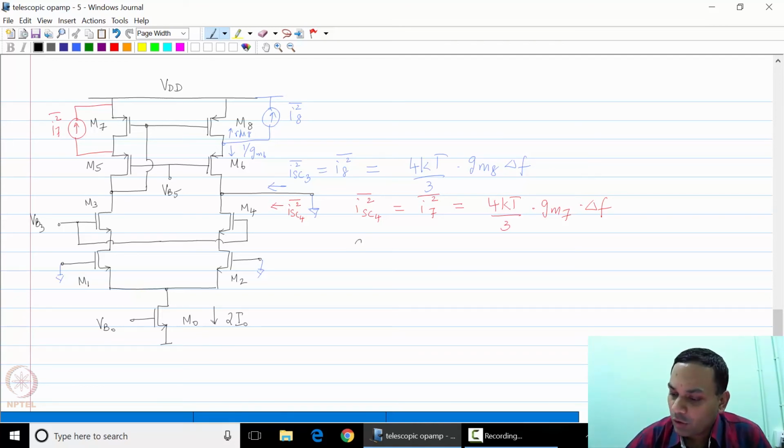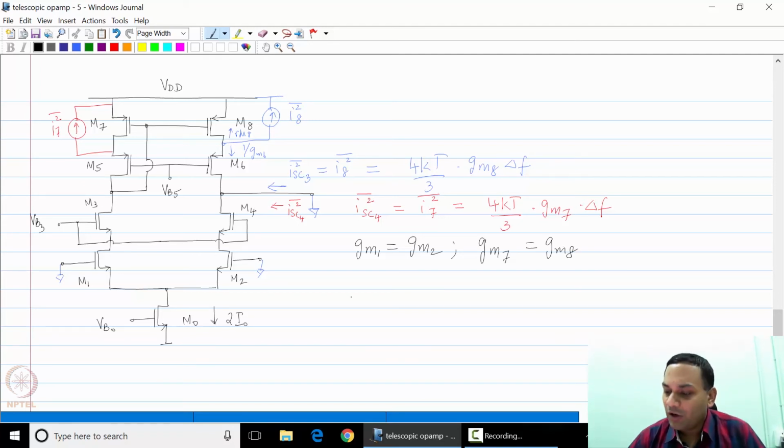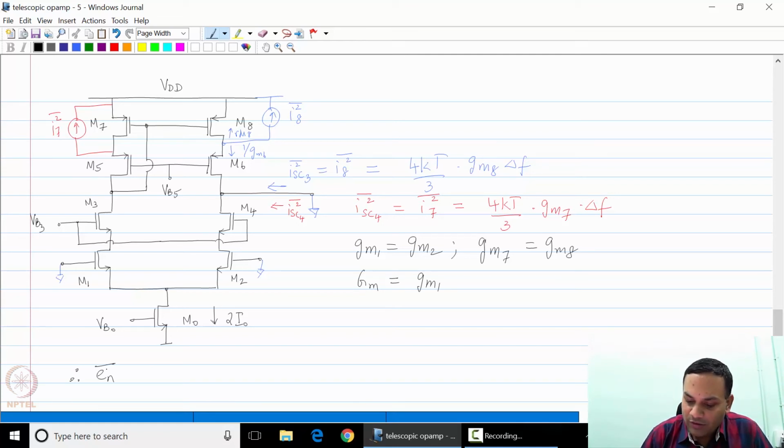Finally, we know that GM1 is equal to GM2, GM7 is equal to GM8, and we also know that the overall transconductance of the op-amp is nothing but GM1. Therefore, we can say that En squared over delta F, the input referred squared voltage noise density, is nothing but the total short circuit noise current divided by GM.